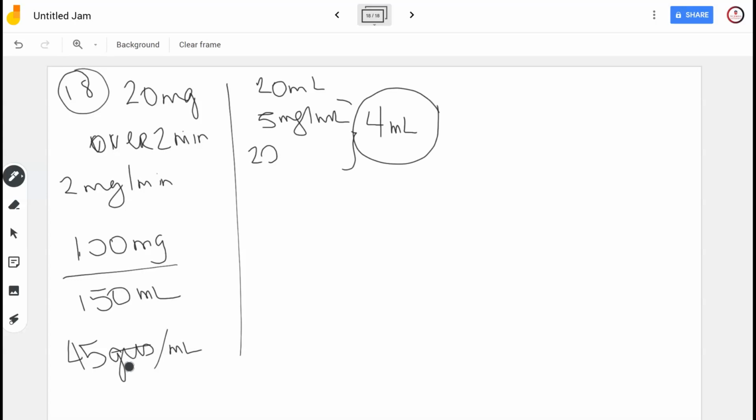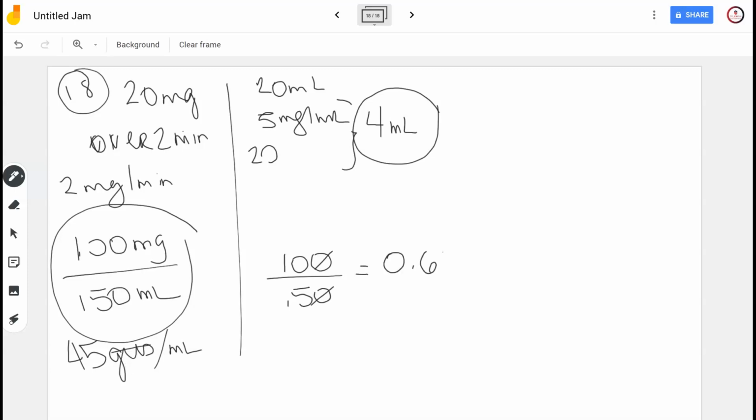So now you're going to find out your concentration. Right, so you've put 100 milligrams in 150 mLs. So you have 100 over 150. You're going to simplify, and then you're going to divide, and I'm going to tell you it's 0.66 milligrams per milliliter.